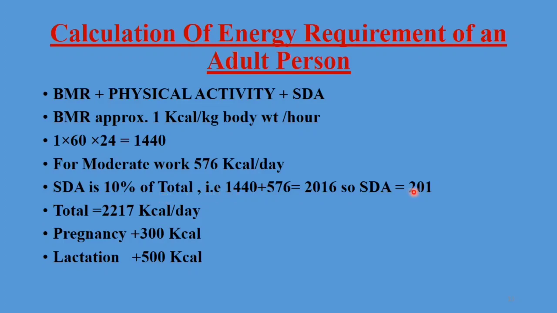So SDA is equal to 201. So we add 201 to BMR plus physical activity, which gives a total of 2217 kilocalorie per day. So that much energy is required for a 60 kilogram moderate working person.